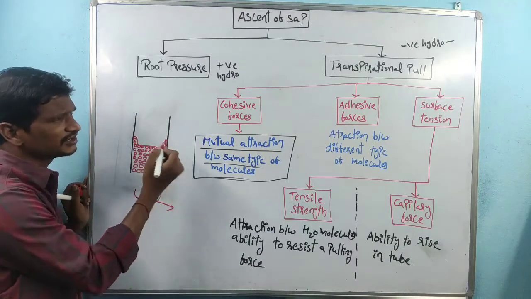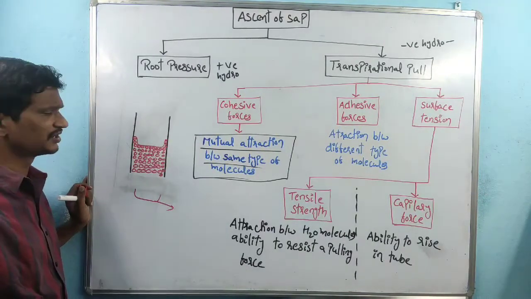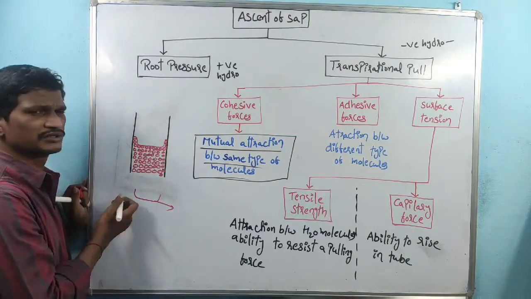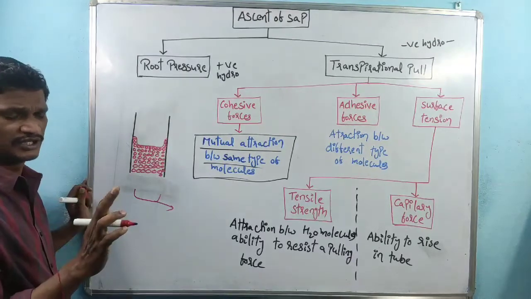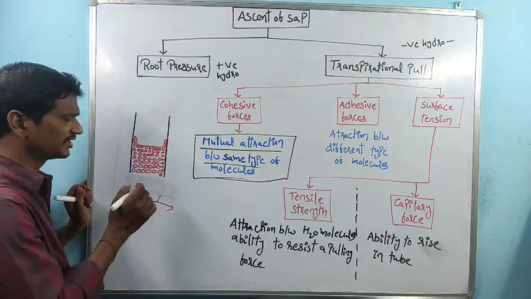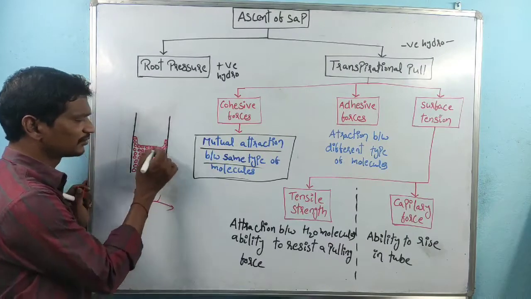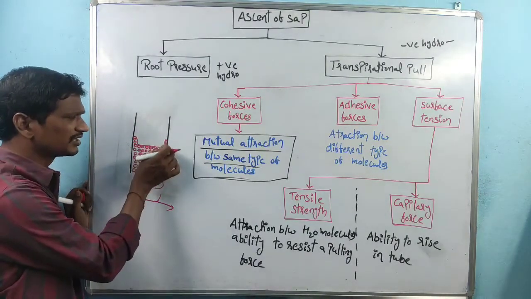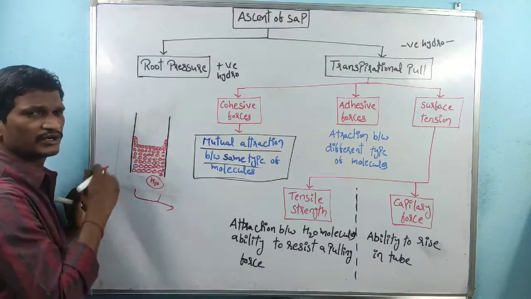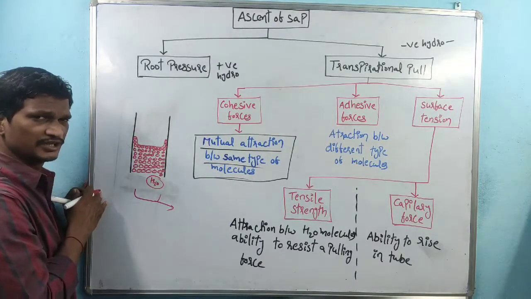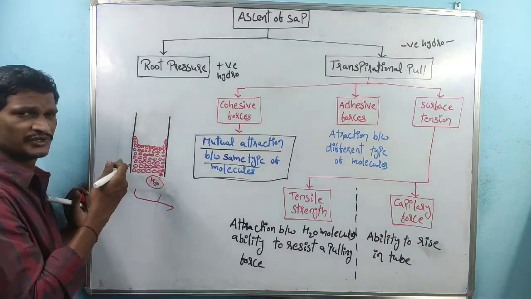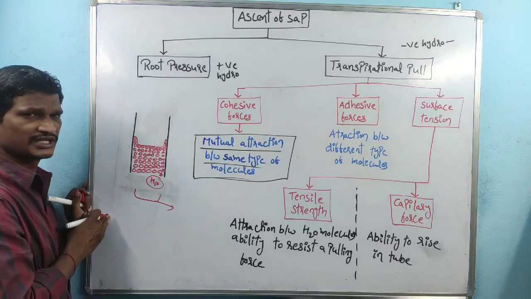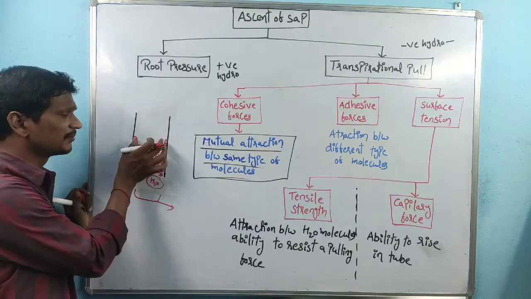This is nothing but the adhesive force. Adhesive forces are present between two different types of molecules. Here, one is the water molecules, and the other is the xylem vessel, which contains lignin components. The upper layer of the water is slightly higher than the normal level, especially at the margins.